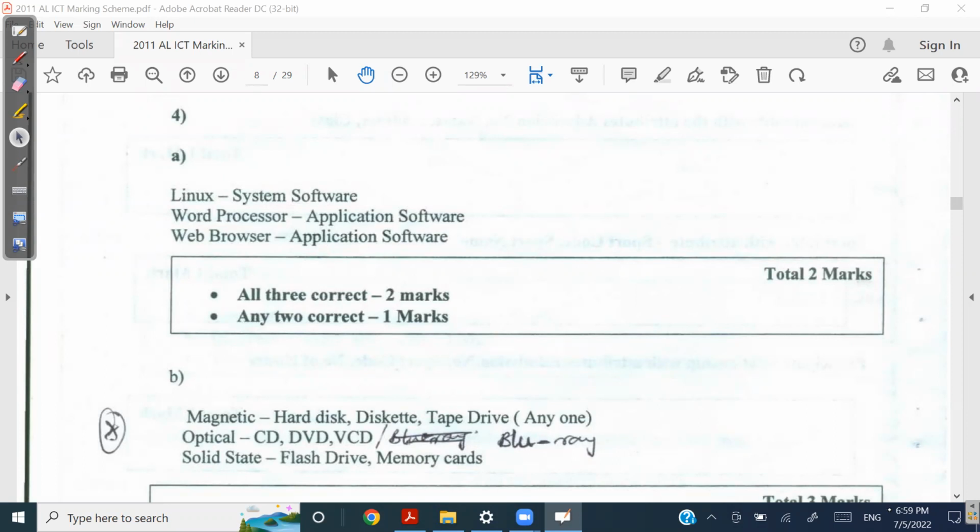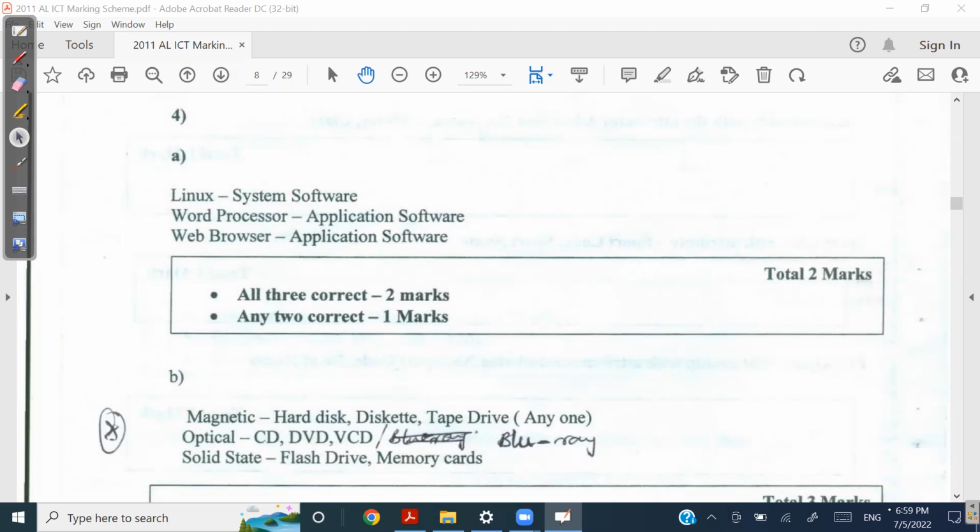And in the second part, they are asking the categories of secondary storage with a particular example, right? So there are three types of secondary storage: magnetic, optical, and solid.